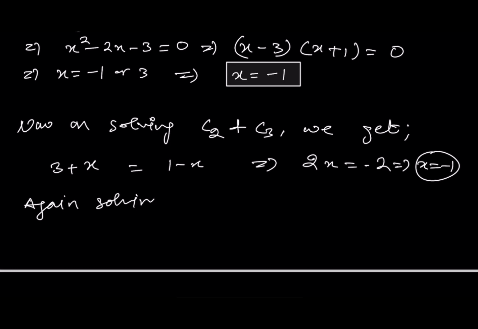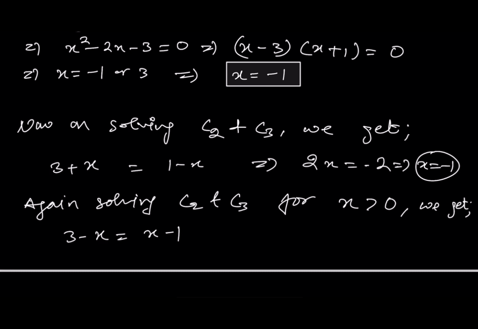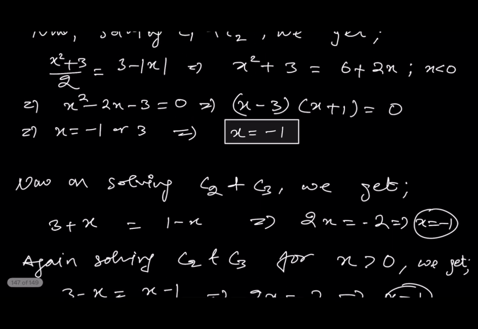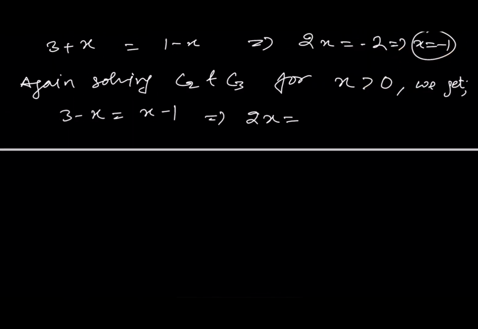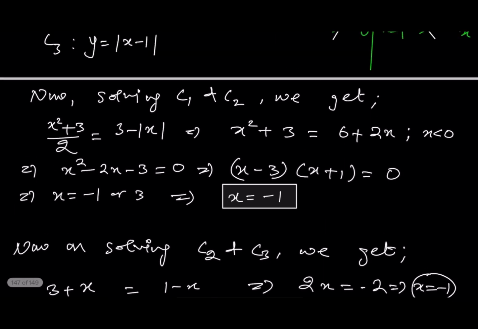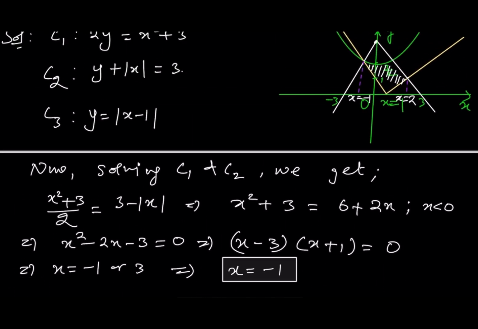Solving C2 and C3 for x greater than 0, we get 3 minus x is equal to x minus 1. So 2x is equal to 4, which implies x is equal to 2. So this is x is equal to 2.